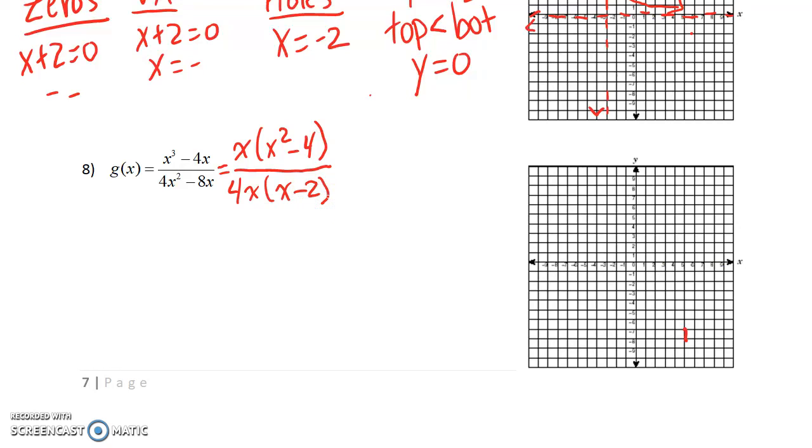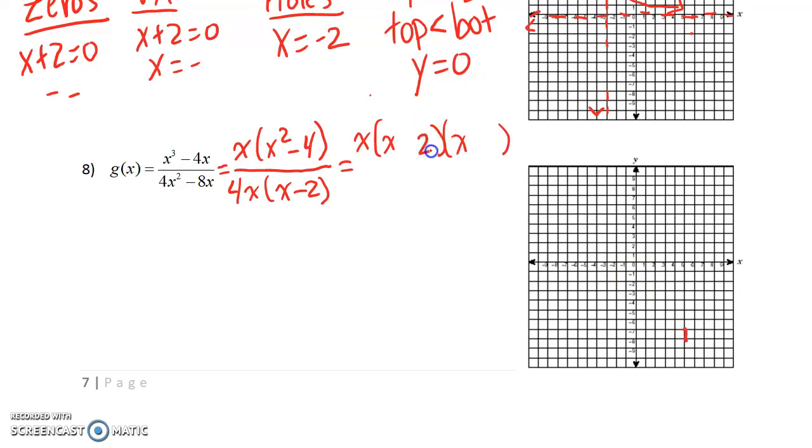Now before we get too excited and move on, we have to look back at the numerator, and that x squared minus 4 can actually be factored more. x squared is a perfect square, and 4 is a perfect square, so that's what we call the difference of two perfect squares, since we are subtracting them. So we take the square root of the x and write that twice in our two sets of parentheses.